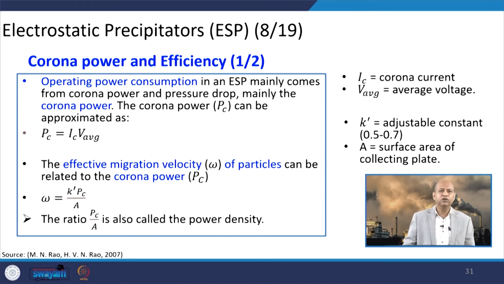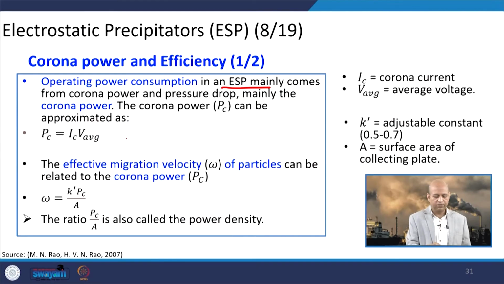When we talk about corona power and efficiency, this is the operating power consumption in an electrostatic precipitator. It comes from the corona power, where some blue light appears as the gas and particles pass through; we call it corona.